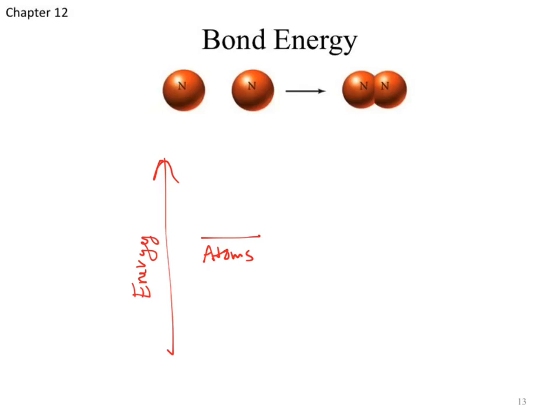What I'm concerned about is its relationship to the bonds. So now I move to the bonded atoms, or our molecule. Where would I expect to draw the energy for my molecule with respect to the atoms? Kind of a challenging question. What did we say all of our molecules try to do? Go to higher energy or lower energy?